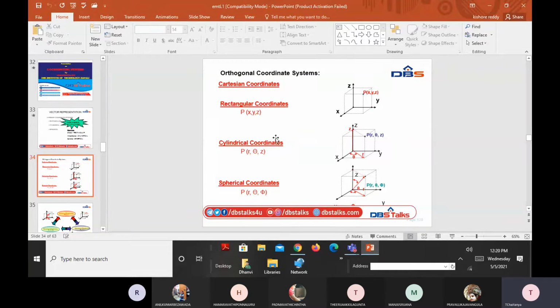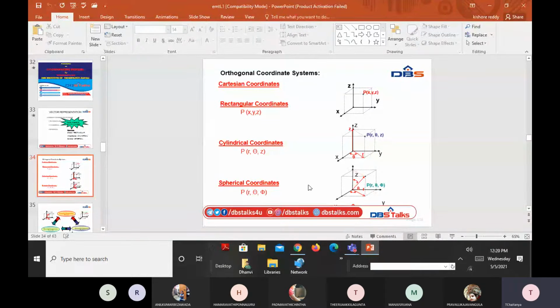So that is why the point representation in a cylindrical coordinating system is P of r comma theta comma z. And the next one is the spherical coordinating system.